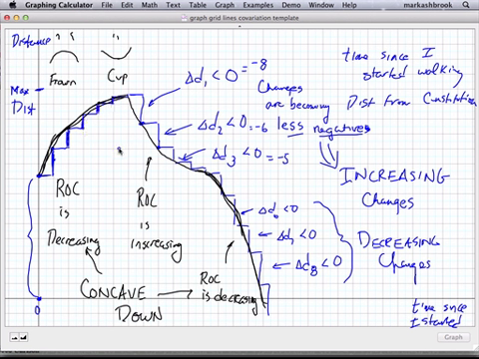And then, are they becoming more or less positive or negative? Focus on these vertical changes, their magnitude, along with whether they are positive or negative. That's what we're focusing on. Other questions? Okay.